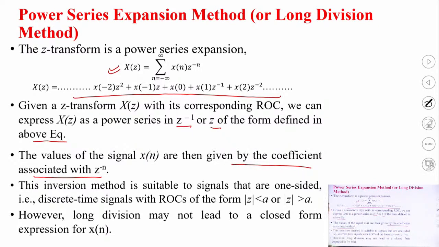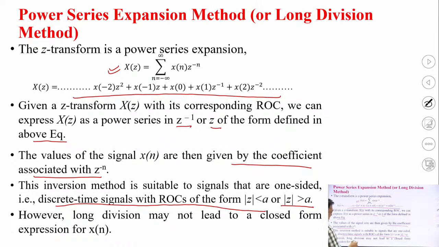This inversion method is suitable for signals that are one sided, that is, discrete time signals with ROCs of the form mod z less than a or mod z greater than a. I have already explained that. Whenever you are not interested in all the values of x(n), and only want the value of the signal at some discrete points, and those are either causal or anti-causal, not for non-causal.